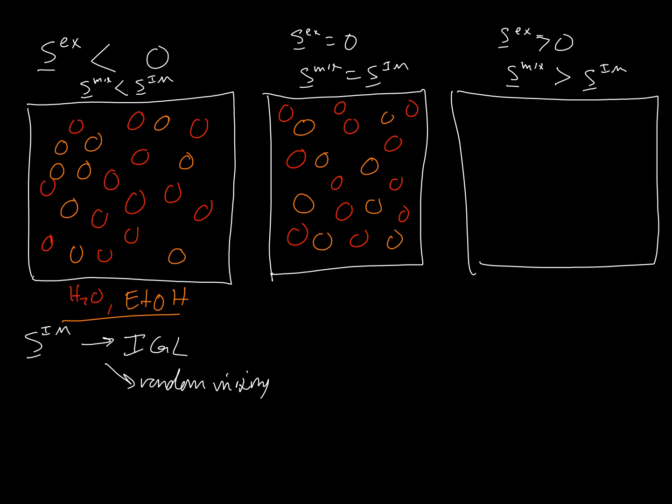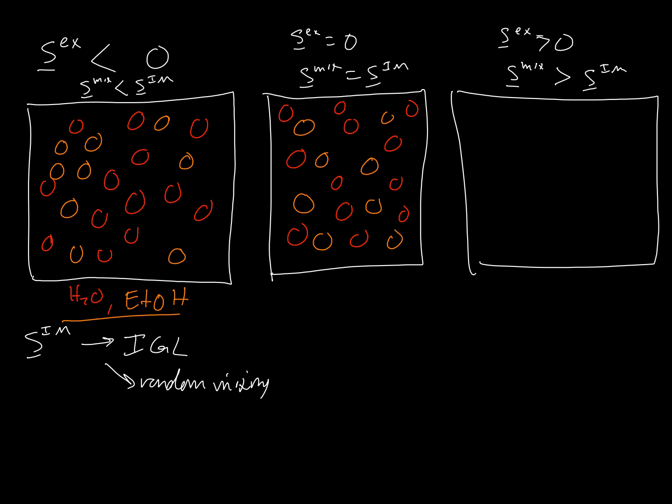So here's my question for you then. What is positive excess entropy of mixing? How can you have more mixing than complete random mixing? Nope, these are all mixed at the same temperature, same pressure. What's that?